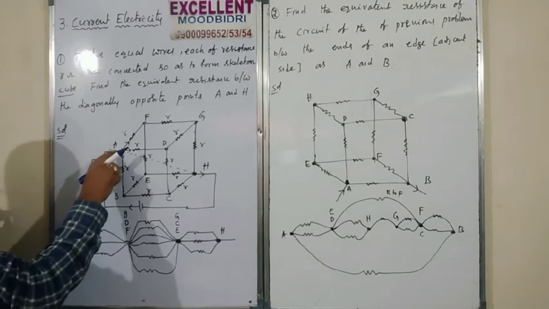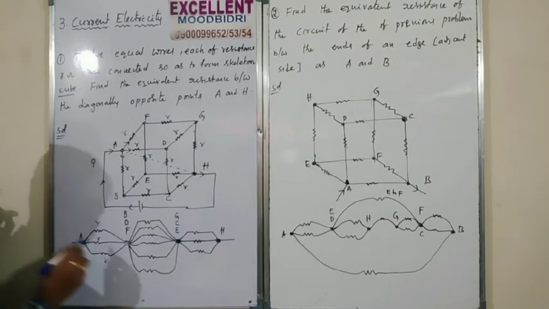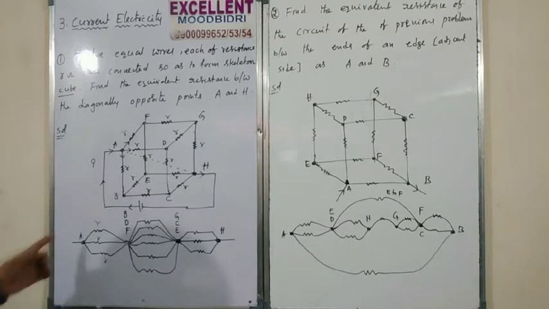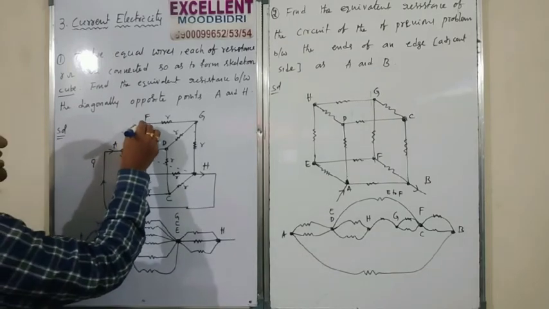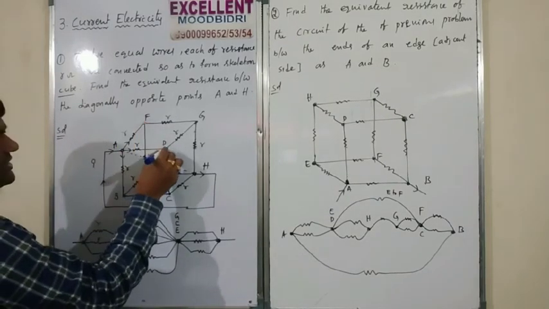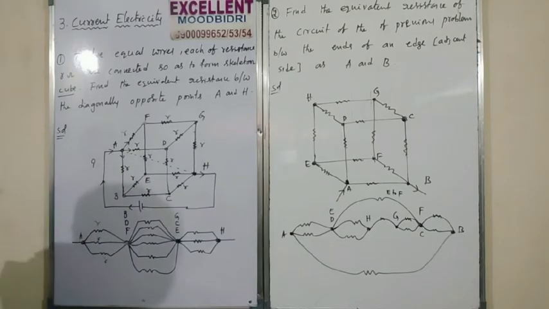Next, A to F, the same small resistance. A to B, A to D, A to F. Right? Okay, next.